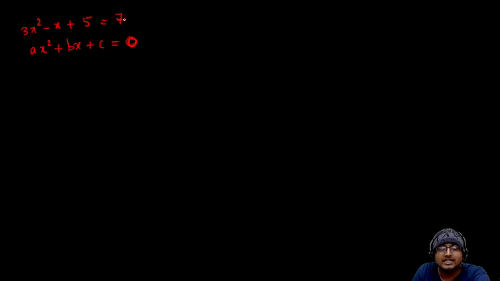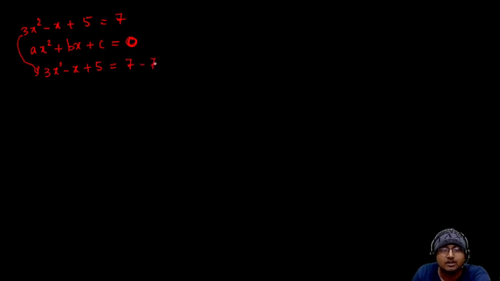So to make one side 0, what do we have to do? This equation is 3x square minus x plus 5 is equal to 7. So we have to make one side 0. What will we do?